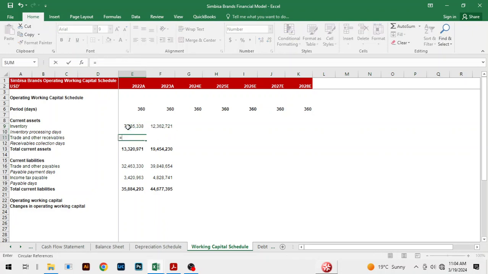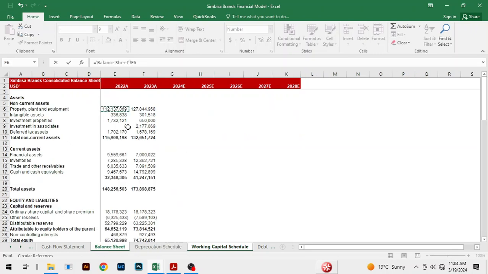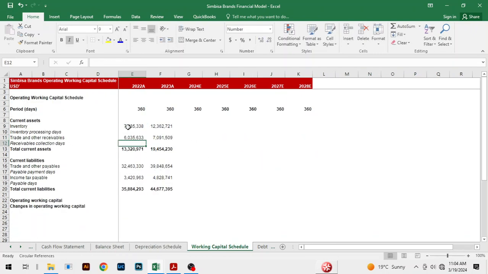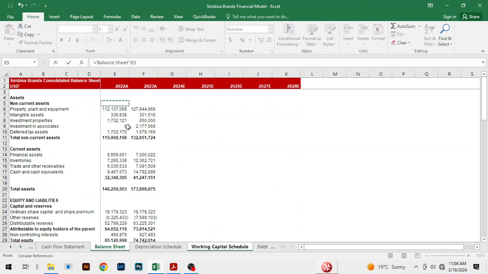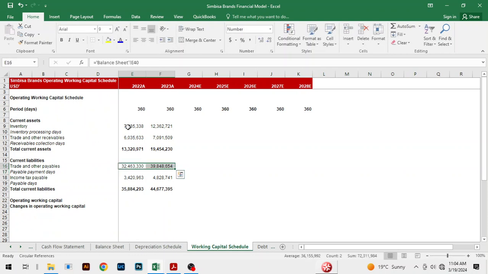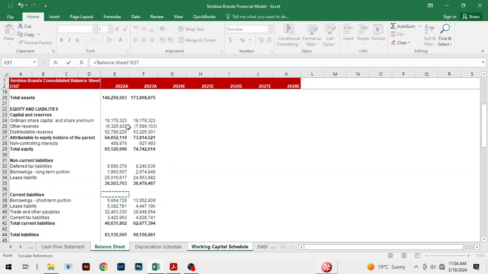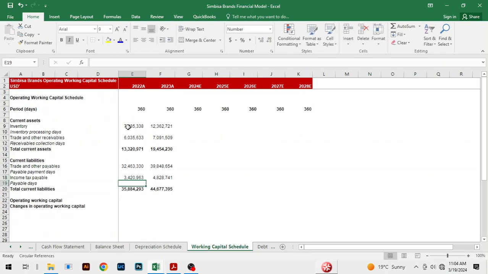And I also did the same for trade and other receivables, and the same for trade and other payables. Then income tax payable, which is this one.